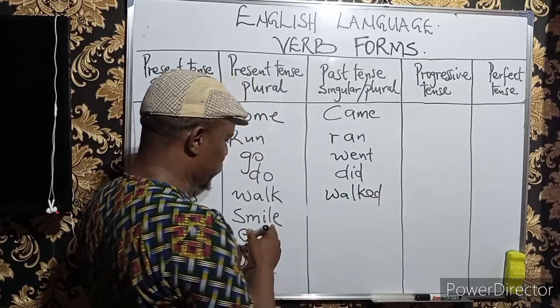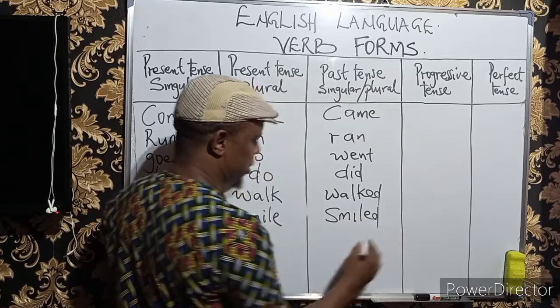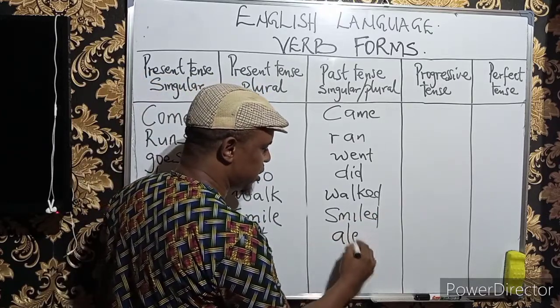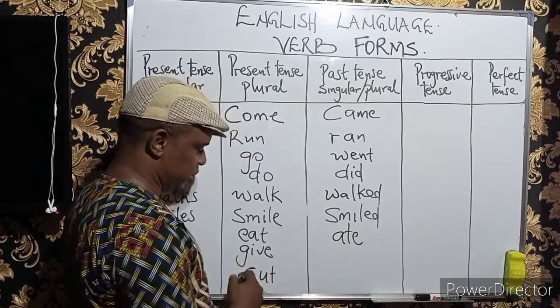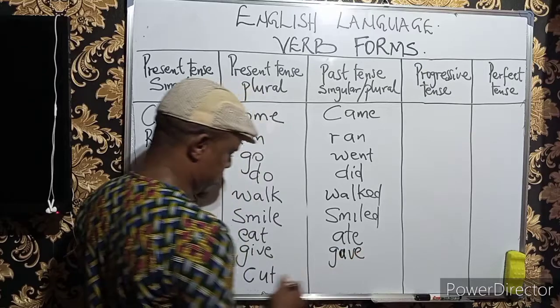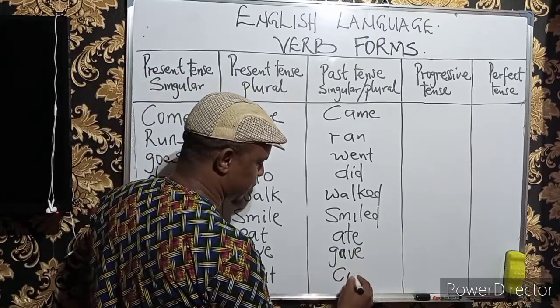And we have smile as smiled. We have eat as ate. And the next one is give, which will be gave. What about this? Cut remains cut.